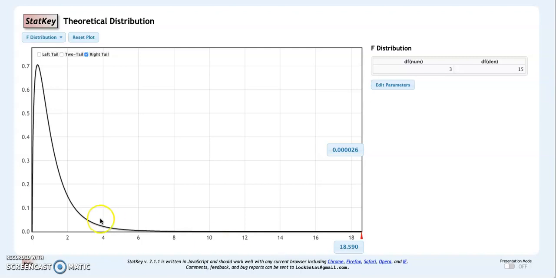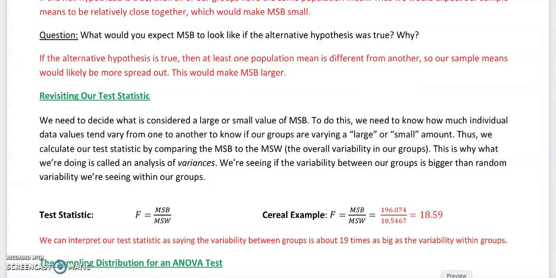What we saw was that if nothing was really going on, the vast majority of the time we would get test statistics down around here. And then the one that we actually got was way, way out in the tail. And in fact, the p-value for this data would be 0.000026. So really, really small.